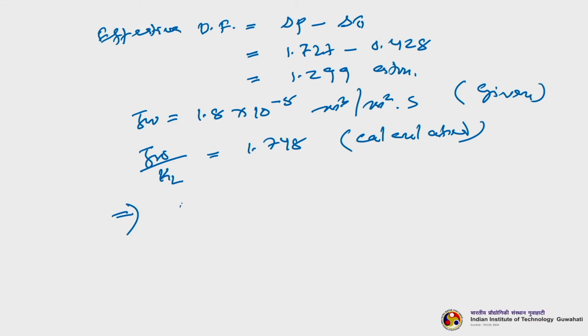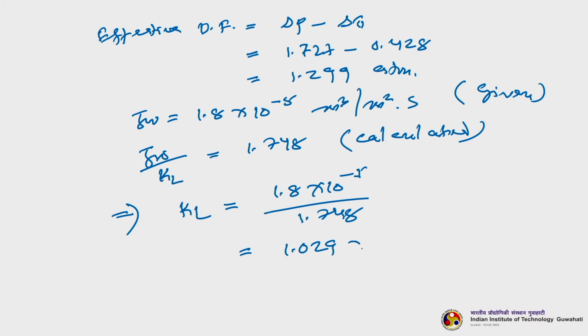So, from here we can calculate the mass transfer coefficient: 1.8 into 10 power of minus 5 divided by 1.748, which is 1.029 into 10 power of minus 5 meter per second. So, this is your mass transfer coefficient.